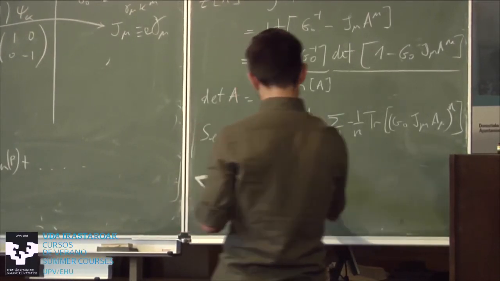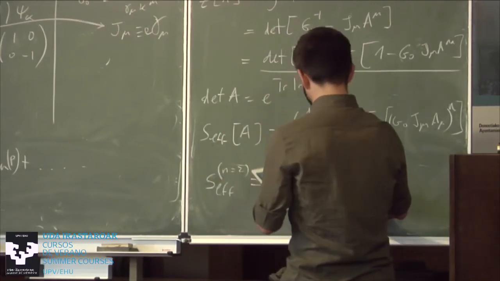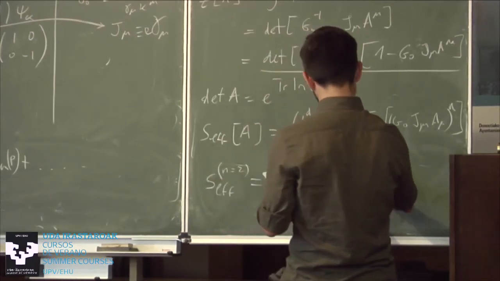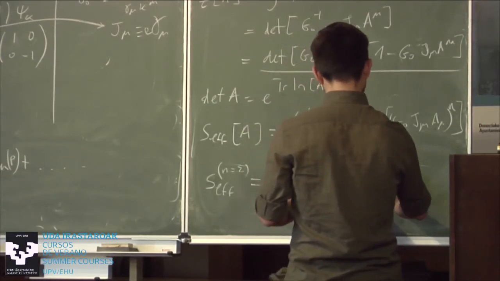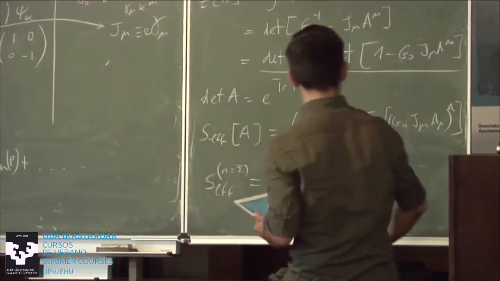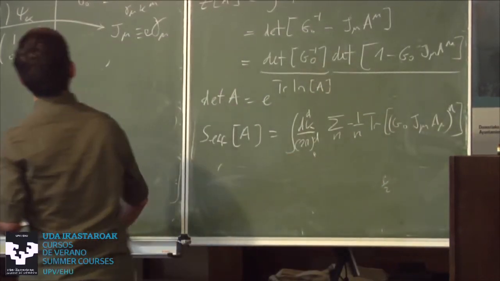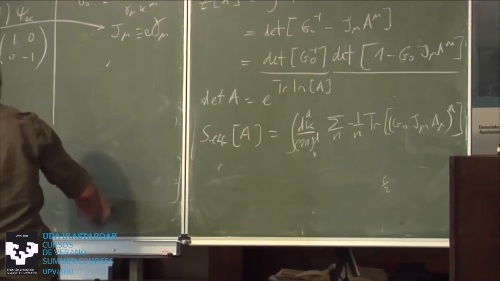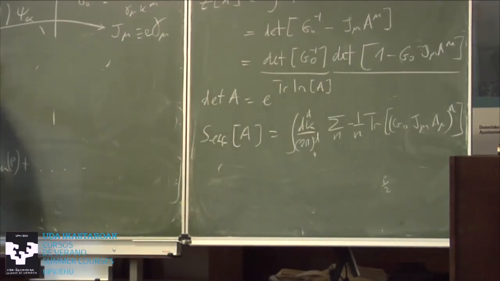I mean, don't trust the prefactors that much. Trace G of k, minus B halves. Okay, let me write it.